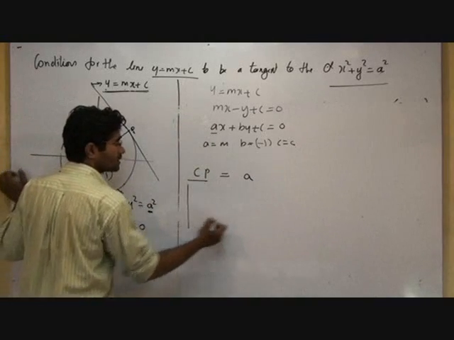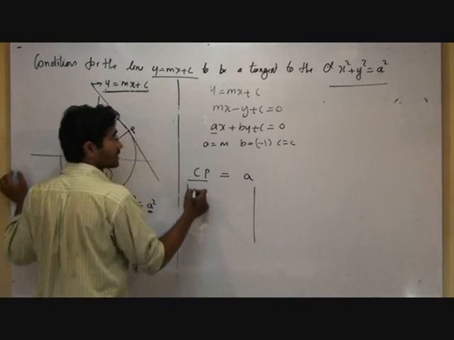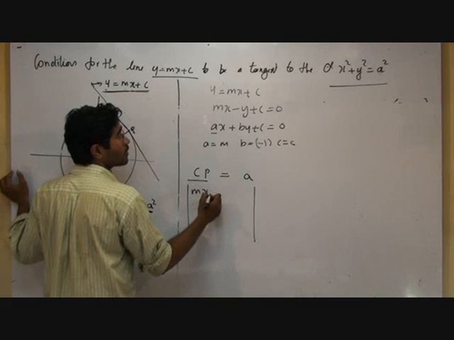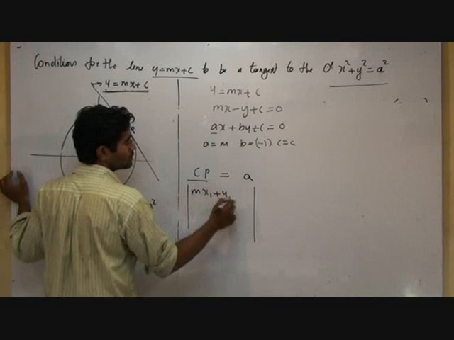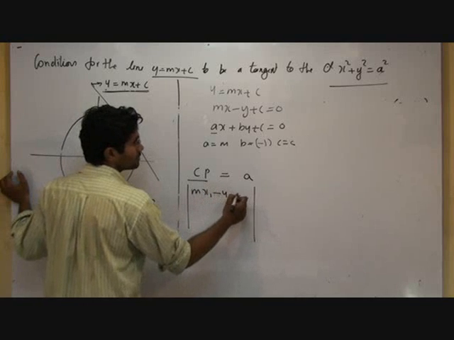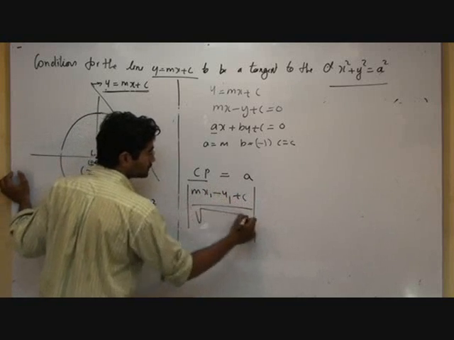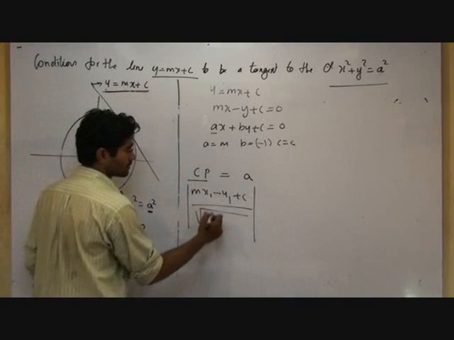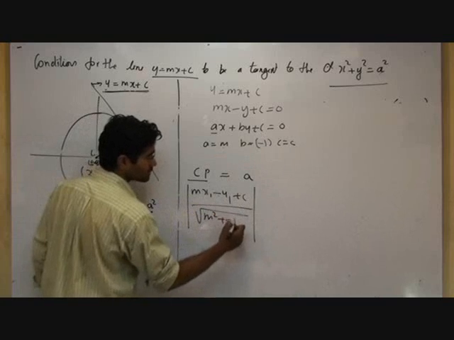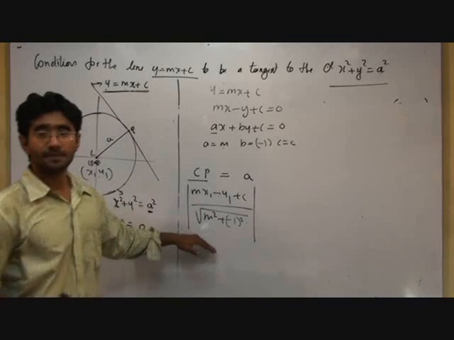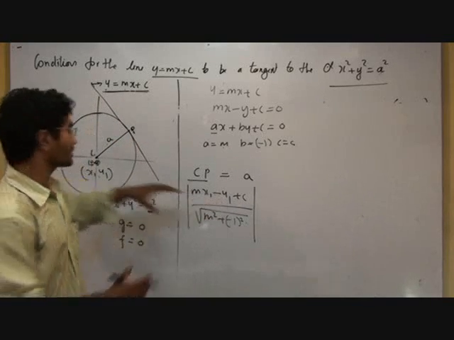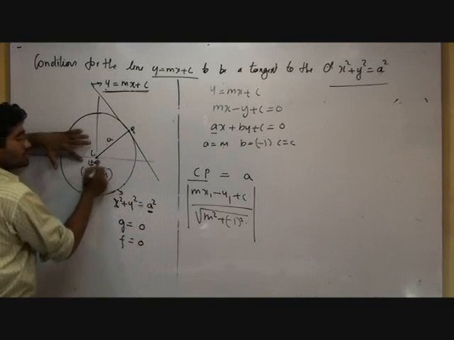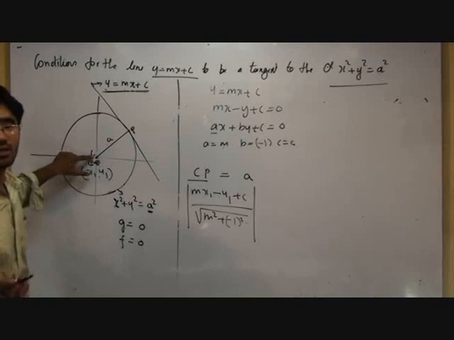So CP can be written as modulus of m x1 minus y1 plus c divided by square root of m squared plus b squared, that is minus 1 squared. Look at this. Now what is x1 and y1? Come back to this. This is the line and x1, y1 is nothing but this point, 0 and 0. Why? Because the point is on the origin.